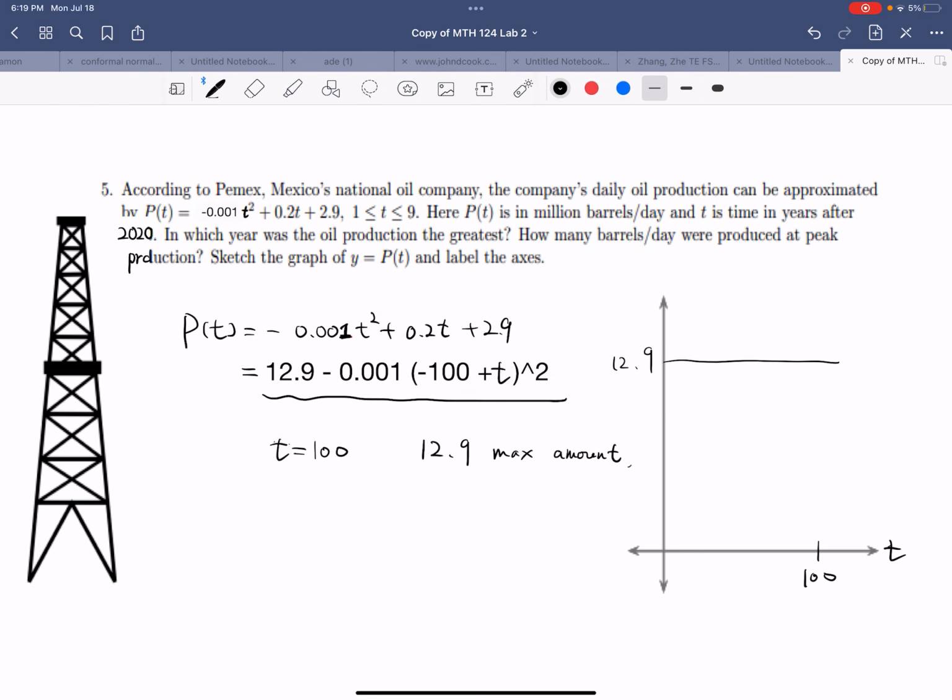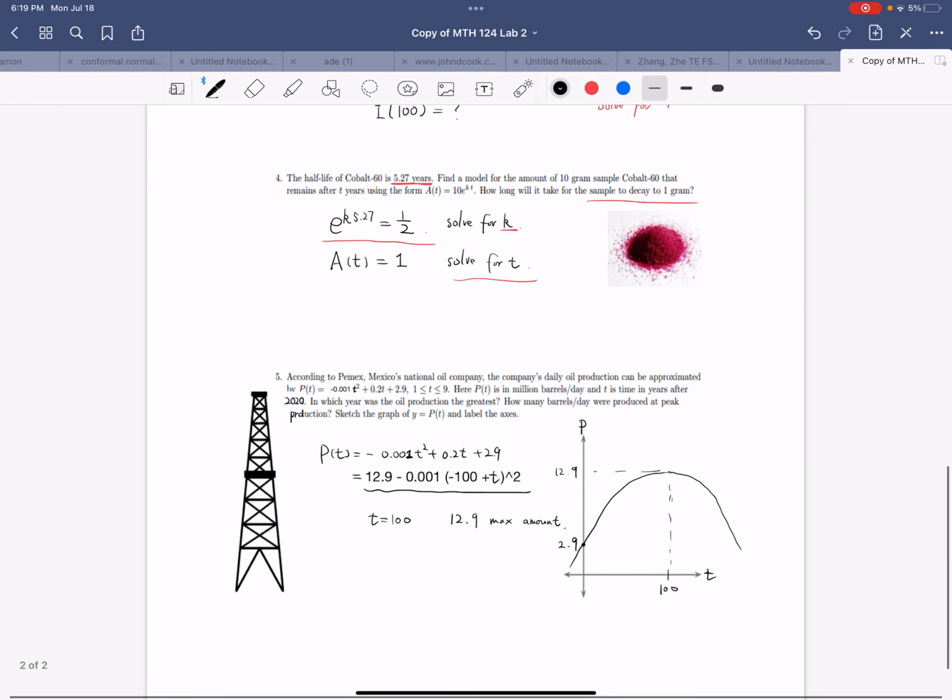So here is t, here is p, and when t equals 0, you get 2.9. So the graph is kind of like this. Okay, that's all.